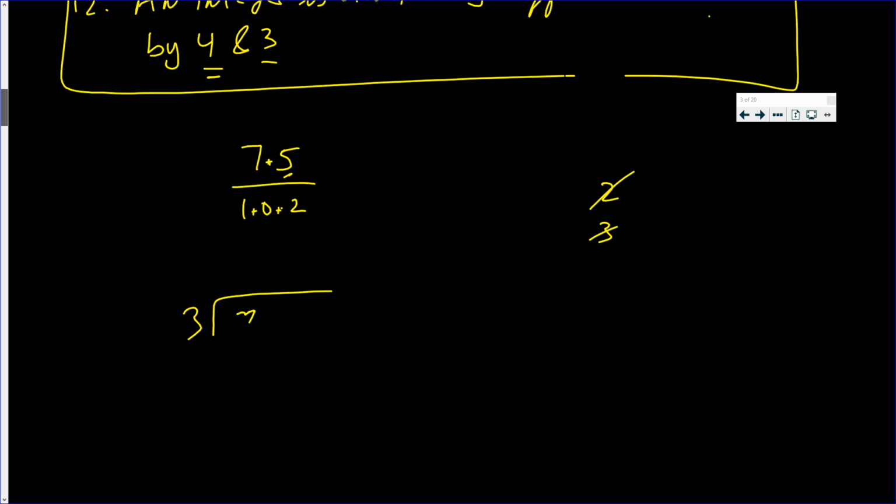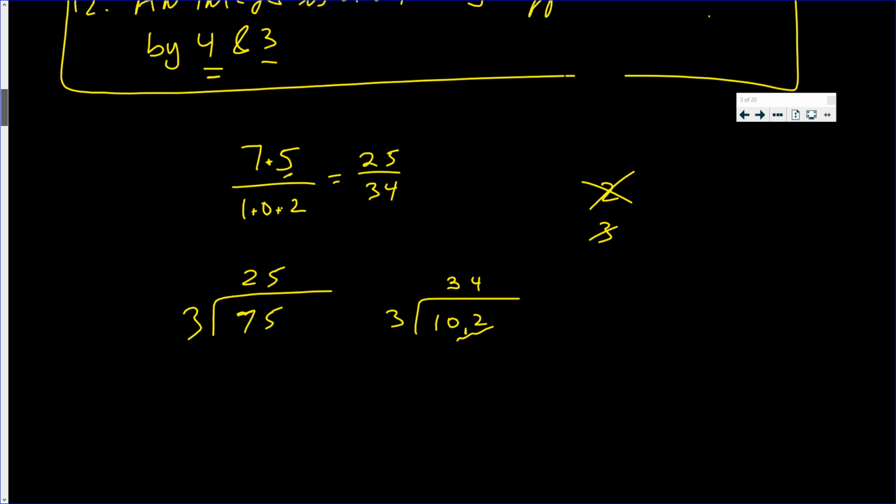And if you have to do the long division, fine. But you should really know that 3 into 75 is 25. And you probably shouldn't walk around knowing what 102 divided by 3 is. 3 times 3 is 9. There's 1 left over. 3 into 12 is 4. So now you have this. Okay, well, we know that 2 doesn't work.